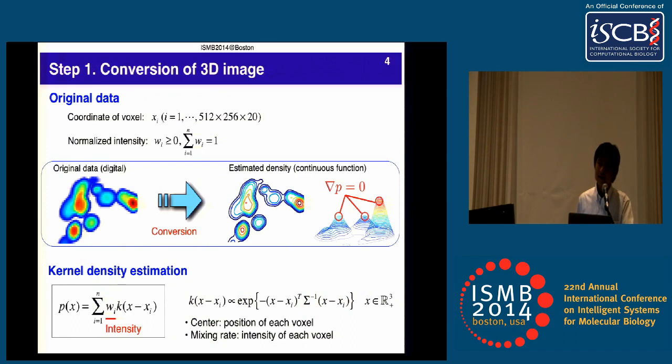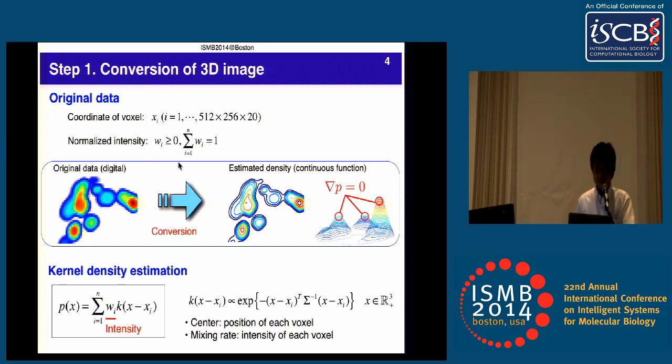Kernel density estimation is the method for estimating a continuous probability density function from a digital image. We are given a set of voxel positions in a 3D space, denoted by X, and a normalized intensity W, which is assigned to each voxel.